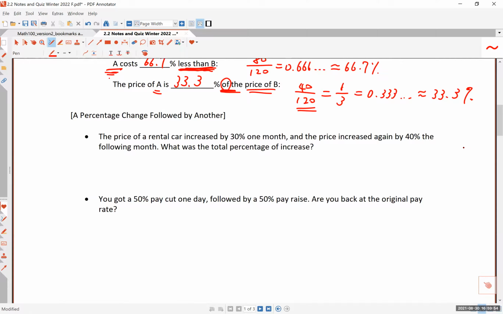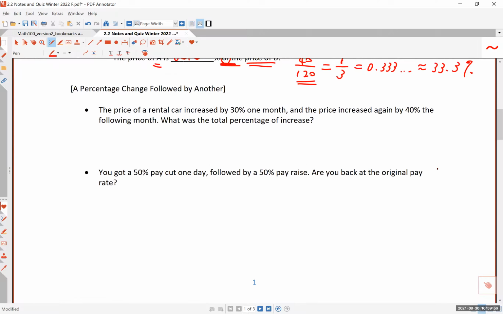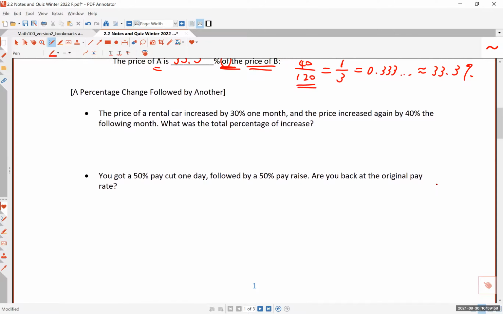All right, now a percentage change followed by another. This is another crucial element of this section. What happens to the price of a rental car if it increases by 30% one month? Let's say there's some kind of inflation going on with the rental car prices.